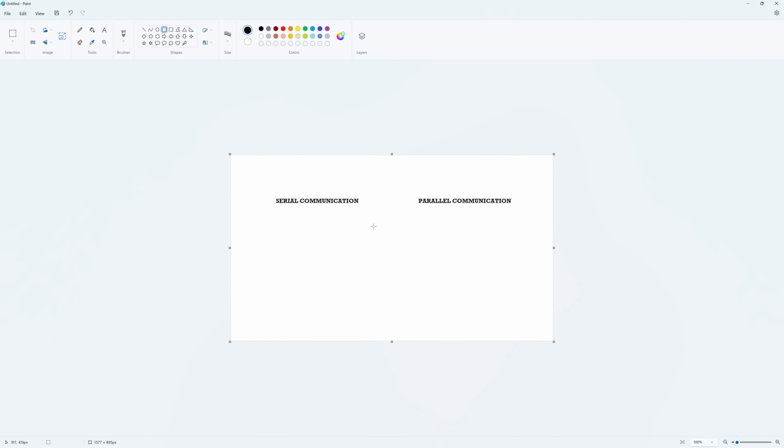In parallel communication, you can see the data lines would be more. It will start from D0, and if it is an 8-bit communication, it will go till D7.